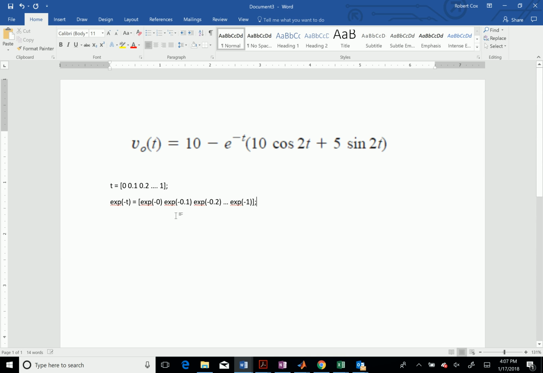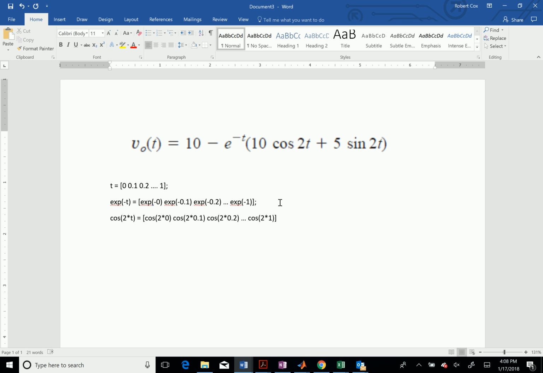So this would be a vector of numbers, and then cosine of 2 times t, for instance, would also be a vector of numbers. That would be cosine of 2 times 0, cosine of 2 times 0.1, cosine of 2 times 0.2, and it would go all the way up to cosine of 2 times 1.